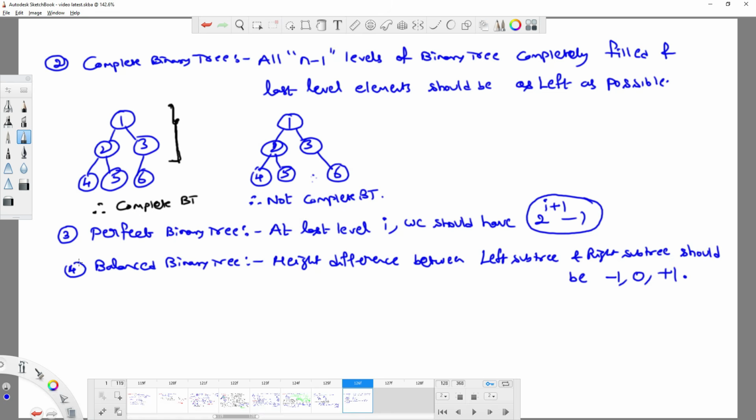Again, I will take this definition in further units, but as we are discussing different types of binary trees, I have just given a clear idea. Balanced binary means the left side and the right side subtrees are going to be balanced, right?